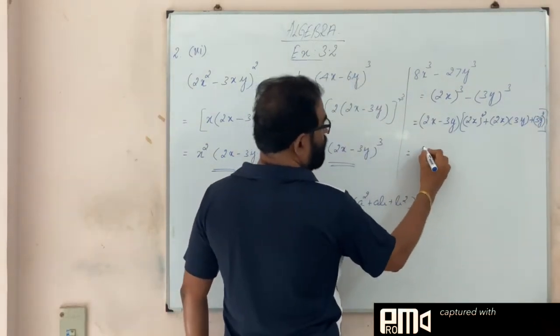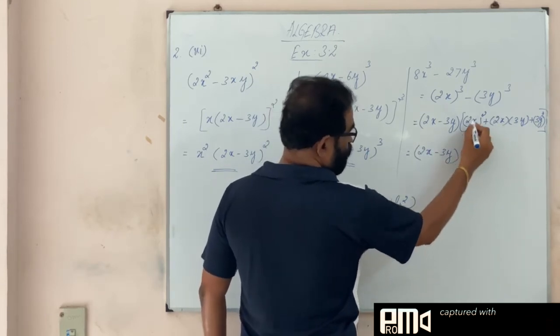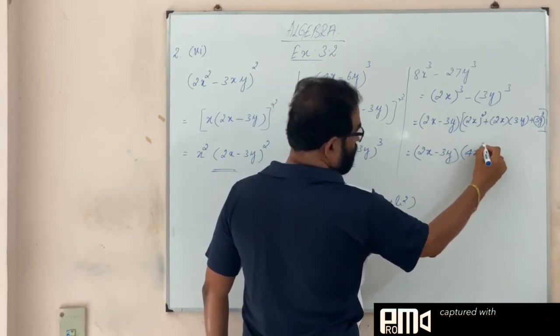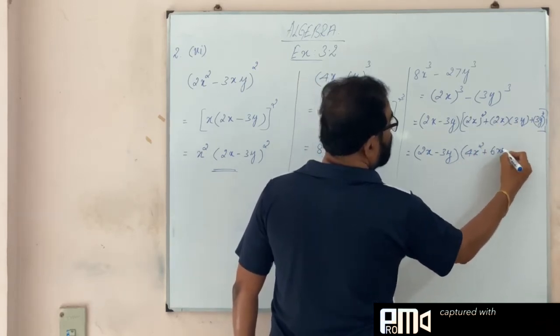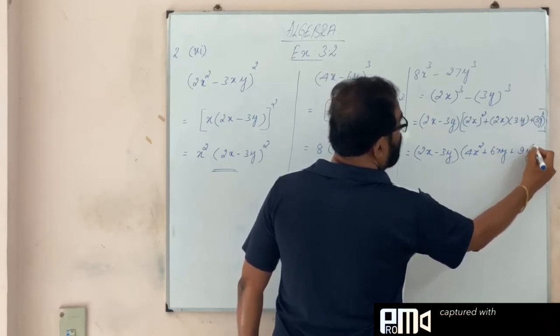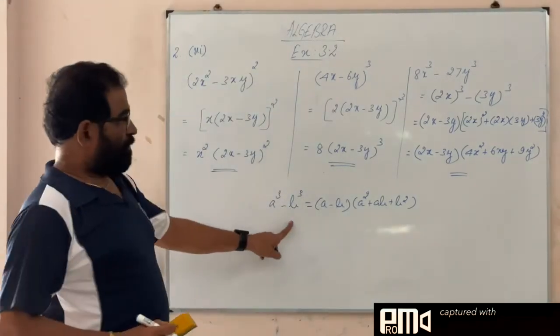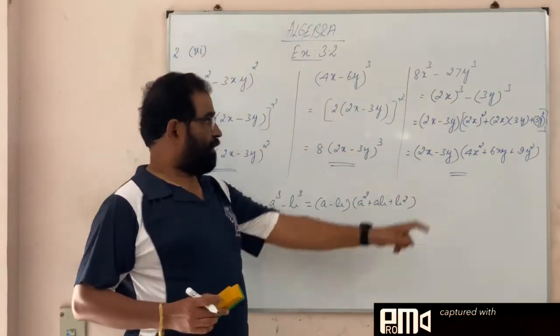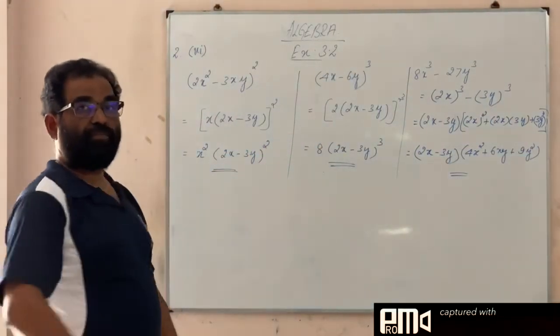So we get finally 2x minus 3y into 4x square plus 6xy plus 9y square. Remember this formula, we are substituting this formula there. So all the three polynomials are factorized.